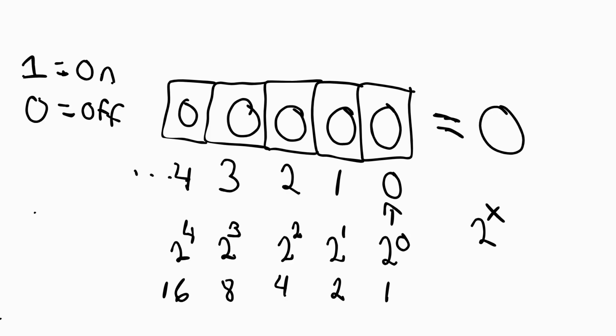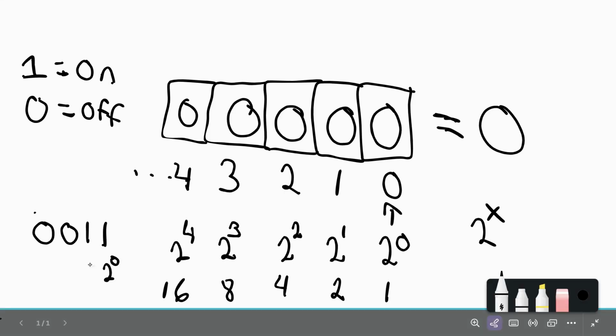So if I had the value 0, 0, 1, 1, this would be 2 to the 0 plus 2 to the 1, which equals 1 plus 2, which gives you 3.